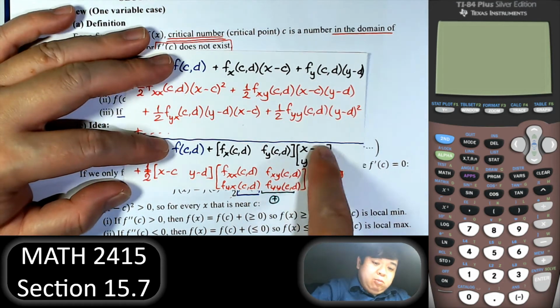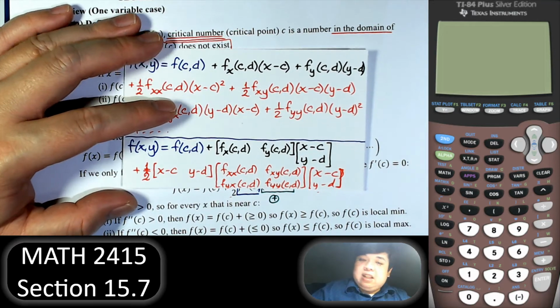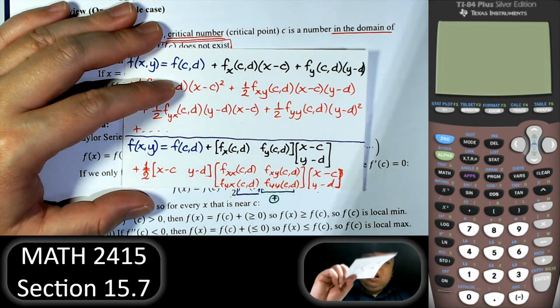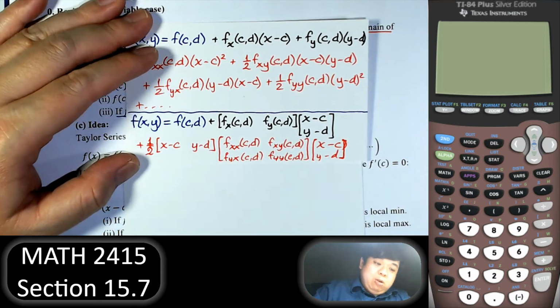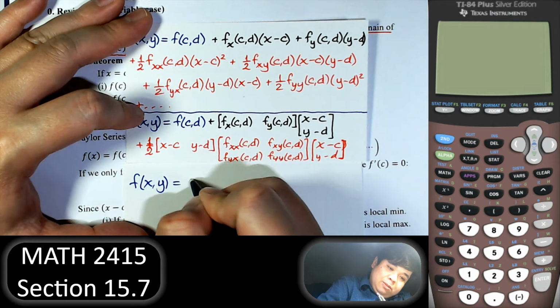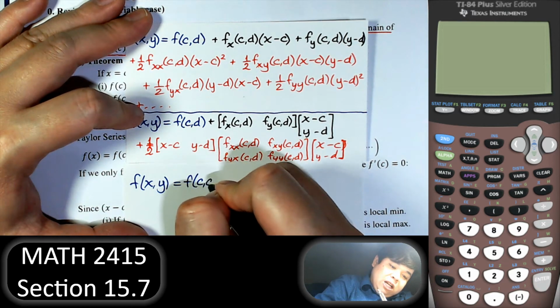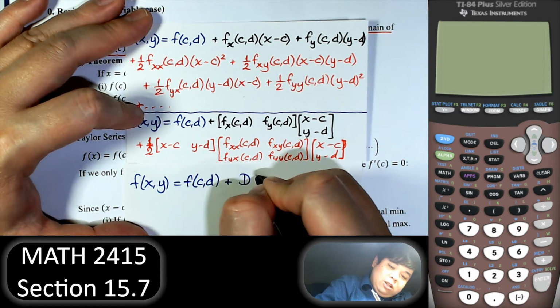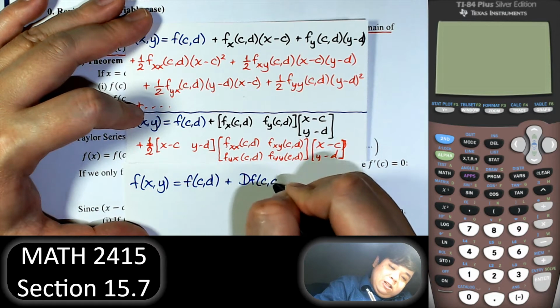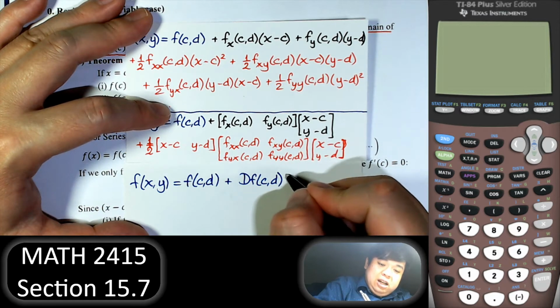And of course, we can write this in shorthand. Like I said, if we don't do that now, then we will never have a chance to do it. So if I want to write that Taylor series in 2 dimensions, in 2 variables, this is the derivative, and then dot this matrix.